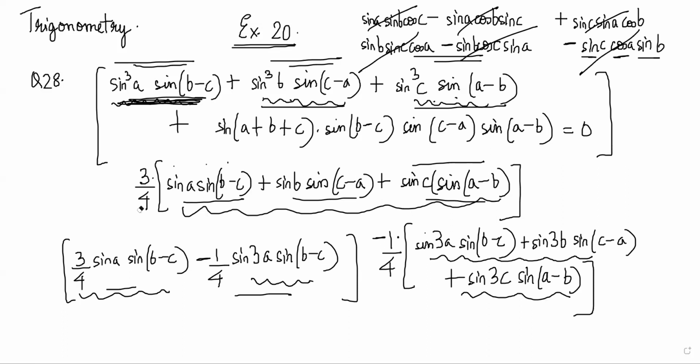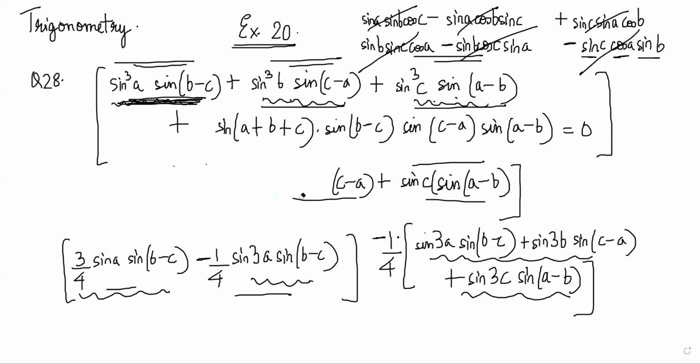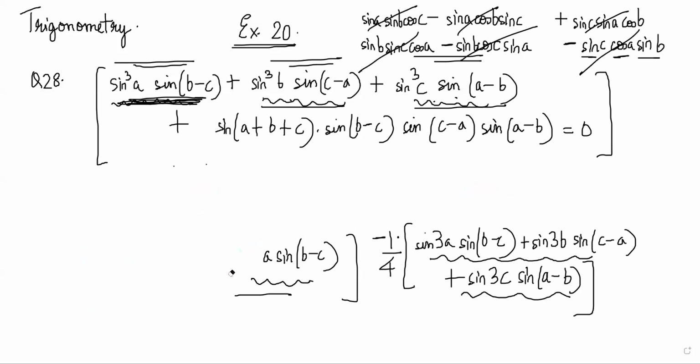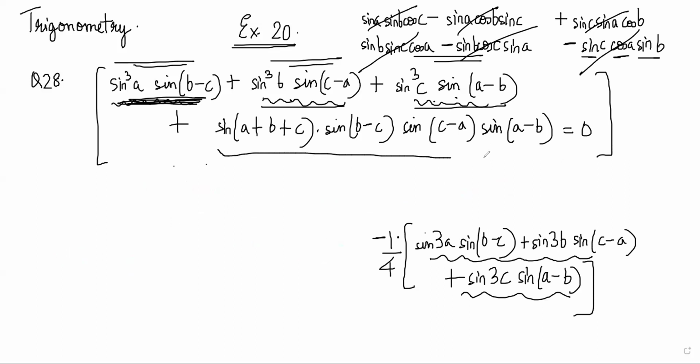So this whole bracket will disappear, right? The whole bracket disappears and now you are left with this bracket and the last term, right? I hope you are understanding what we are doing.